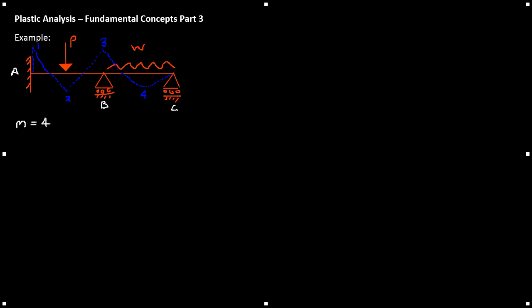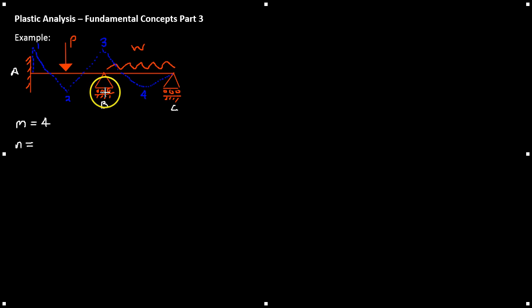Let's calculate our n. n equals the number of reactions minus the equations of equilibrium. How many reactions do we have? We have 3 because we have a fixed end here. We have 2 roller supports here.